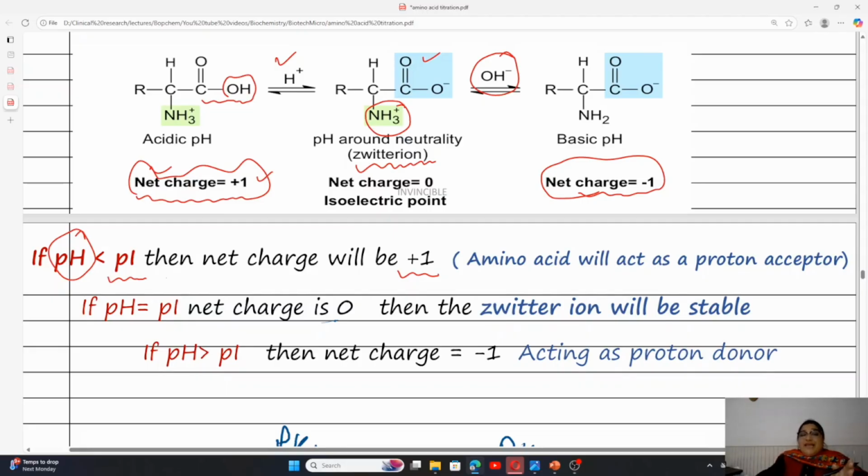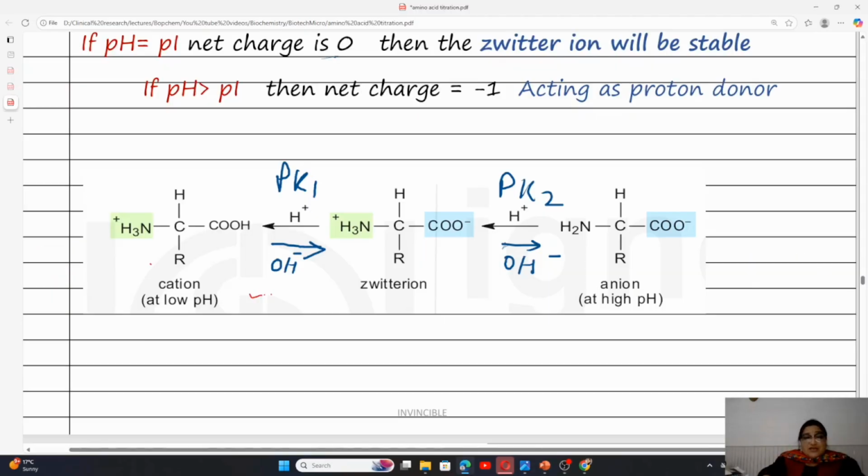That means the amino acid will be acting as a proton acceptor. Now, when the pH is equal to pI, net charge is 0. When the pH is equal to pI, the amino acid will be stable as a zwitterion. And if pH is greater than pI, then the net charge will be -1, and the amino acid will be acting as a proton donor, increasing the concentration of OH. Then what is happening?